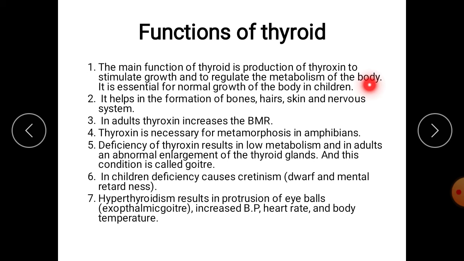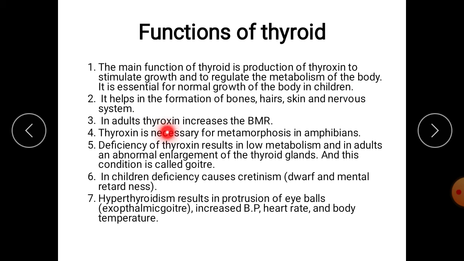Normal growth of the body is also controlled by thyroxine. It is necessary for the normal growth of the body in children. It helps in the formation of bones, hairs, skin, and nervous system. So all our body tissues growth depends on proper secretion of thyroxine hormone.